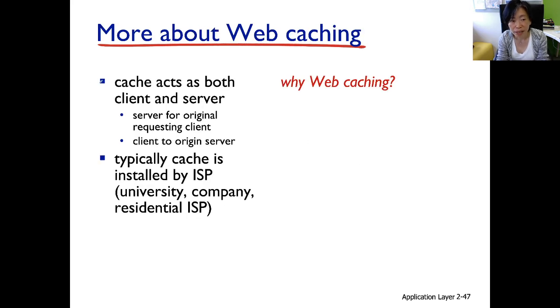So the cache acts both like a client and a server. As a server, it serves the objects to the original client. As a client, because if there's a miss, it will request a copy of the object from the original server.